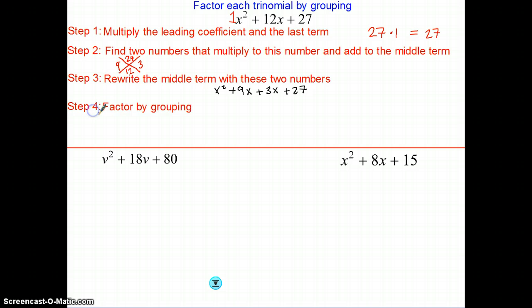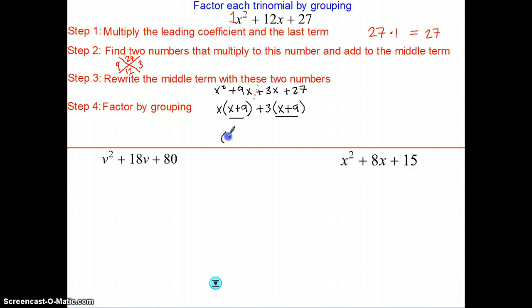Step 4, we factor by grouping. So I split it into 2, find the greatest common factor of the left, which is an x. Factoring that out leaves me with x plus 9. And the greatest common factor of the right is a positive 3, which when I factor that out leaves me with x plus 9. Greatest common factor again is this x plus 9.